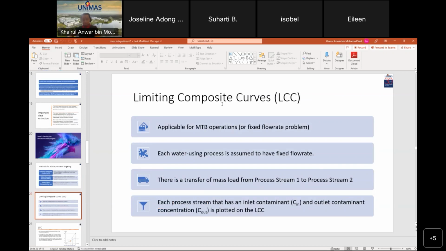Limiting composite curve LCC is applicable for MTB operation, mass transfer based operation. Each water using process is assumed to have a fixed flow rate. There is a transfer of mass load from process stream 1 to process stream 2. Each process stream that has an inlet and outlet contaminant concentration is plotted on the LCC.